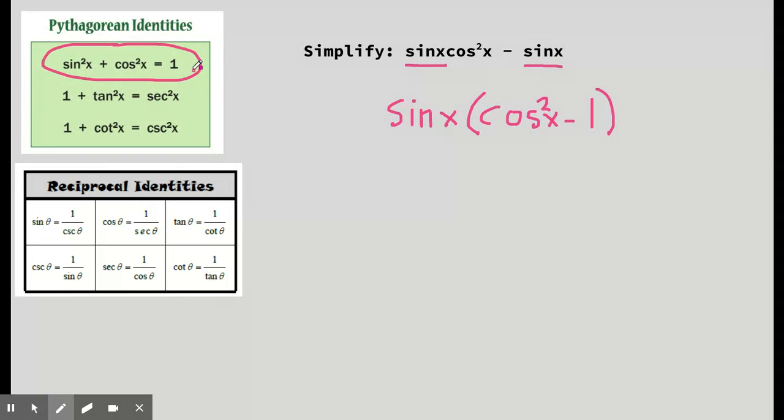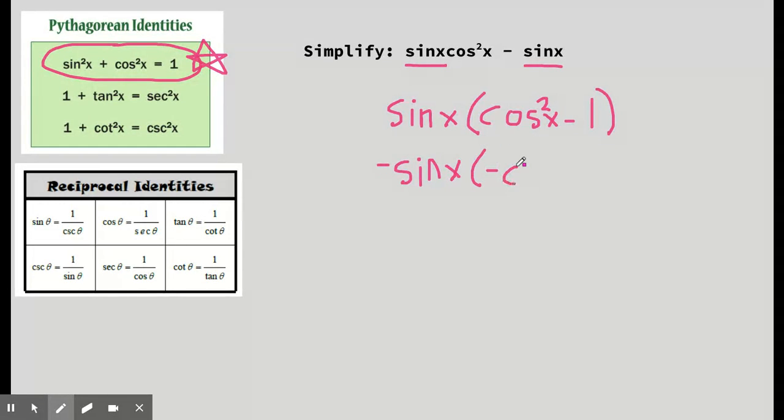So if I were to work with this first one over here that I'm starring, if I were to subtract cosine squared x from both sides, that would give me a positive 1 and a negative cosine. This is a negative 1 and a positive cosine. So I'm going to factor out a negative so that my sign on the inside is all the same. And that way I can make a substitution.